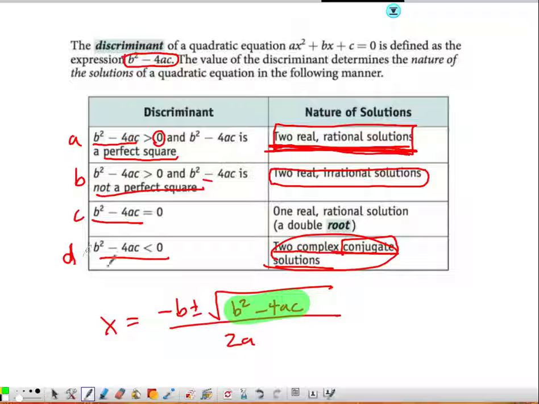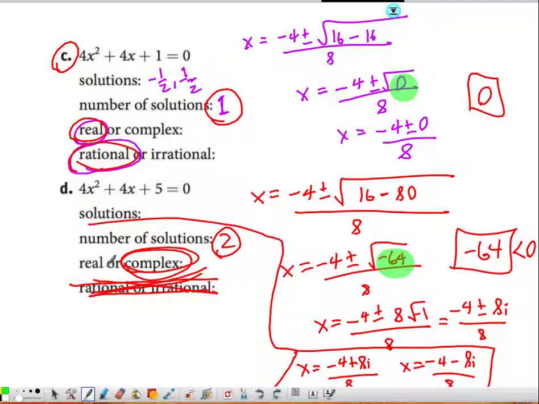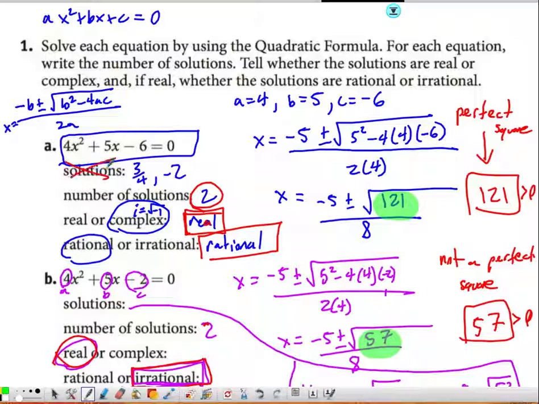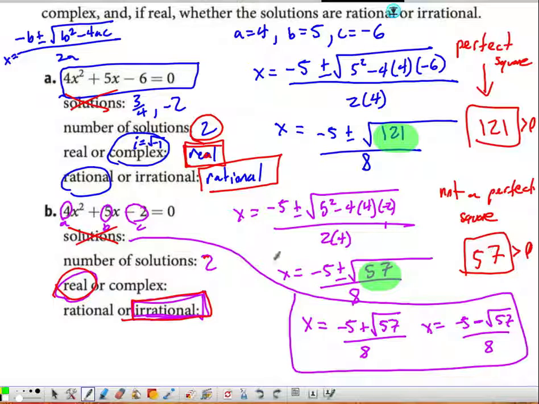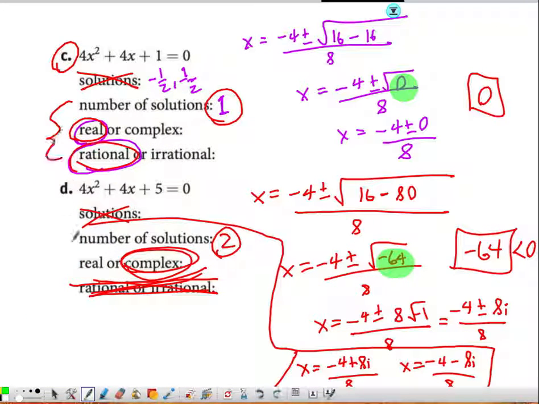And guess what? If we were just interested in finding not the solutions, but the nature of the solutions, how many solutions we had, if they were real or complex, and rational or irrational. If we're just interested in finding this information, do we need to use the quadratic formula to find our solutions and then determine the rest?